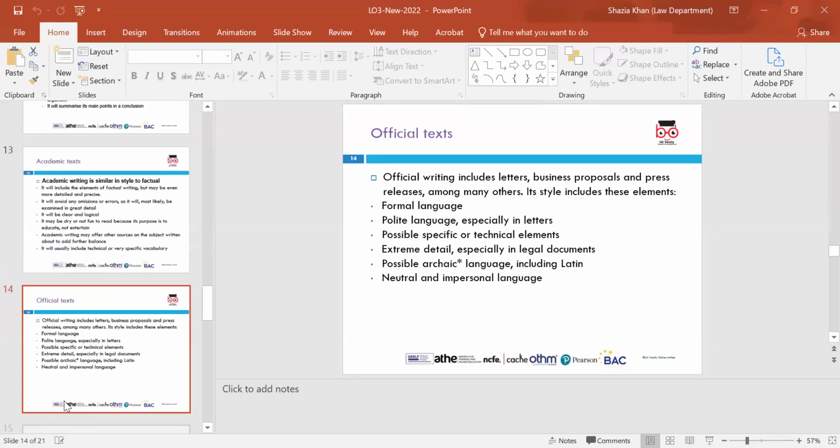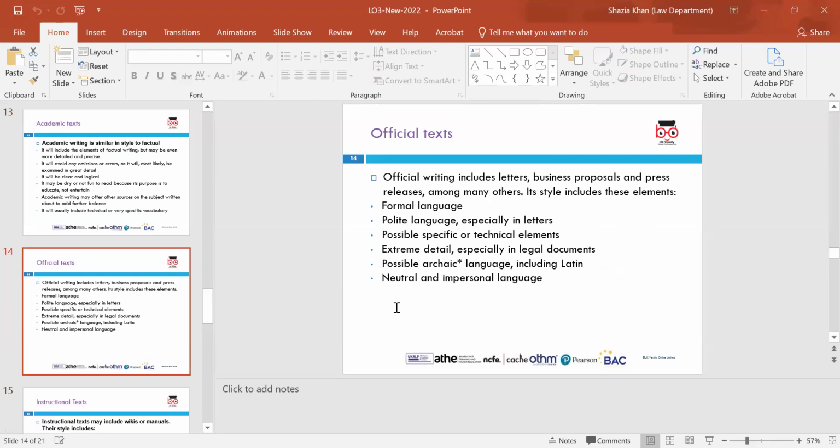We then went on to look at what official text was. And these are things like business letters, business proposals, formal language, how you have to be polite, especially in letters, extreme detail, especially in legal documents, possible languages that you use like Latin, neutral and impersonal language.